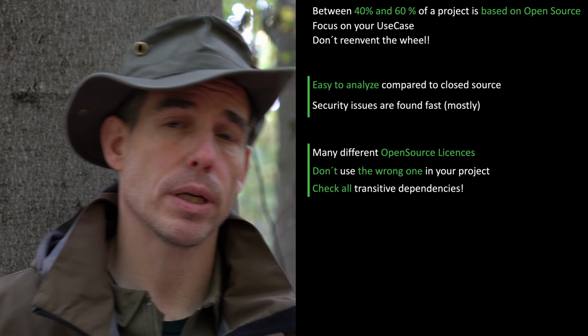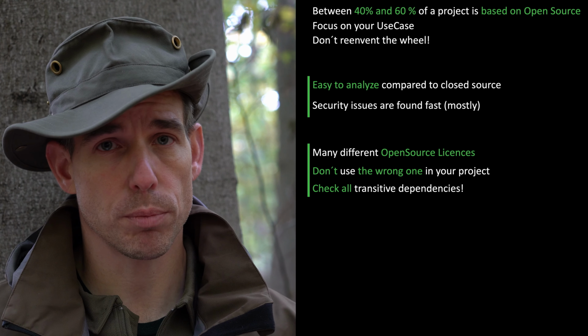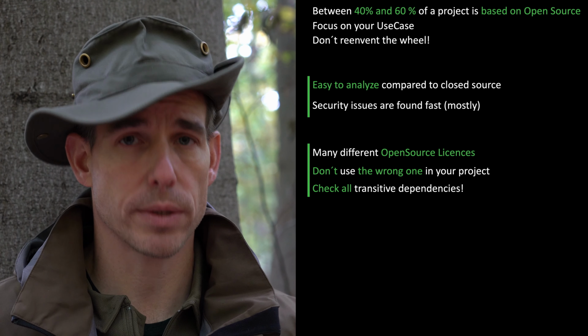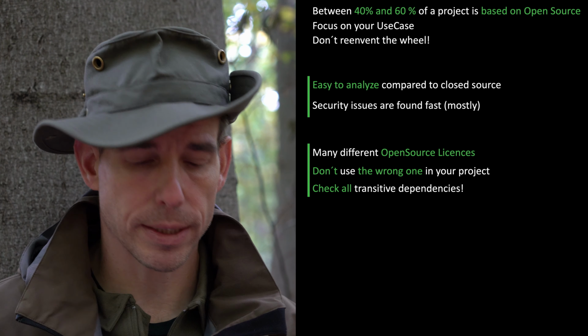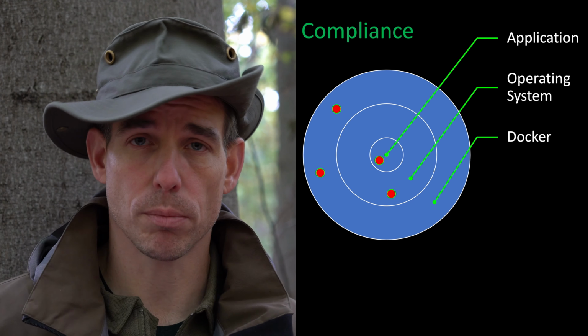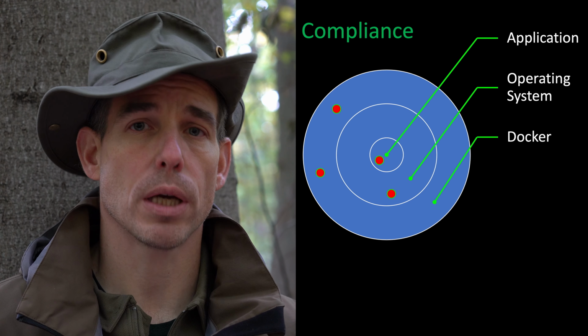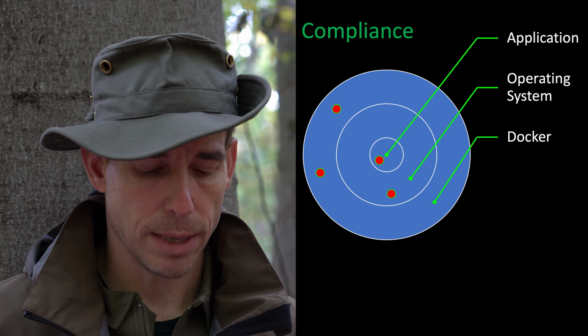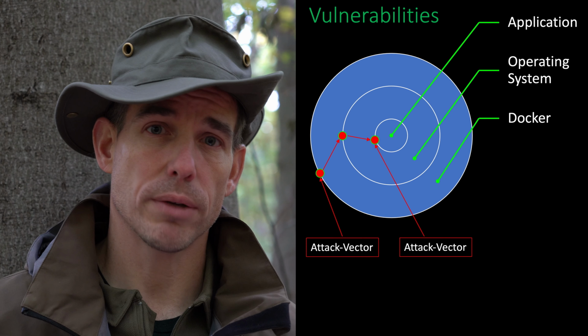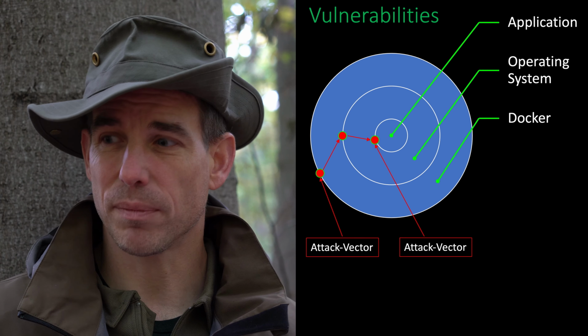At this point, I want to say the low-hanging fruit for compliance and vulnerabilities is scanning the dependencies. And one good thing for compliance is that compliance issues are just single points, so you have to eliminate them and that's it. But for vulnerabilities, you have the challenge that they are combining.